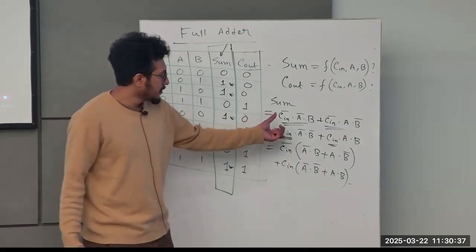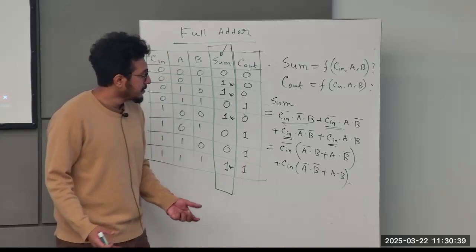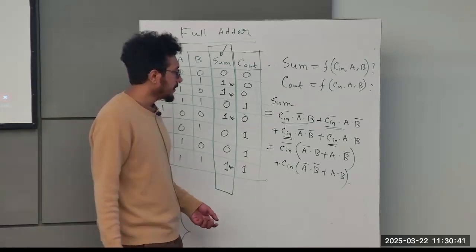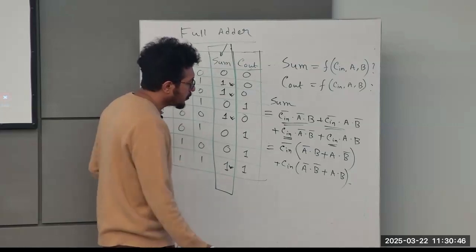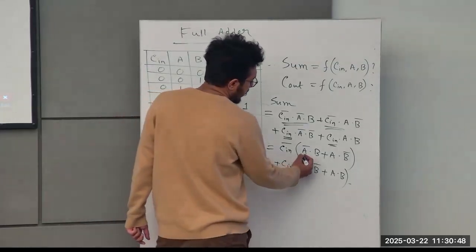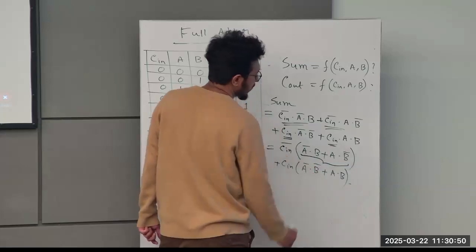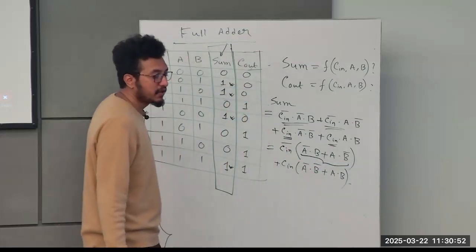So we have simplified the function a little bit. There was a really complex function. But actually, if you are familiar with Boolean functions, you readily know that this actually means something. This is an XOR function, right?